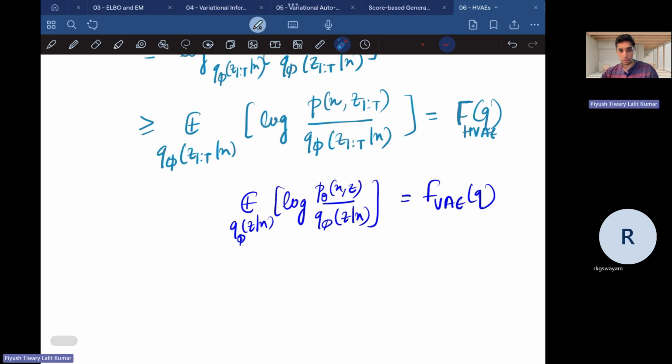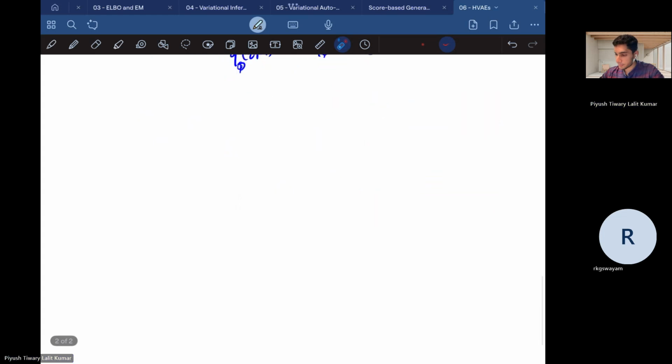Now let us try to derive, similar to what we did with VAEs, a loss function so that if we want to learn theta and phi, we can do that. Okay, let's try to do that.